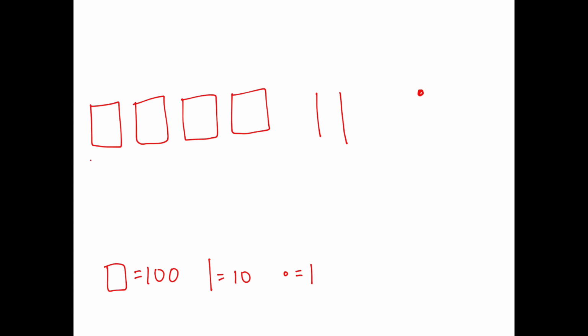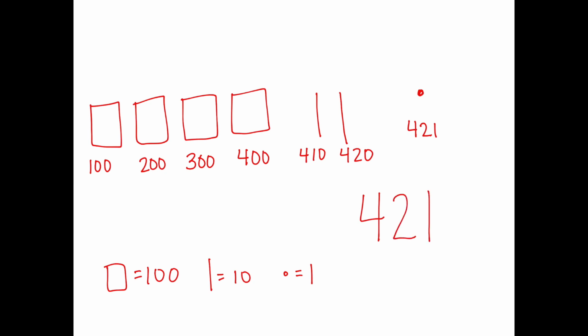So I'm going to count 100, 200, 300, 400. Now I'm going to switch my brain and start counting by tens. 410, 420, and finally I just have to add one more. So I have 421. So the value of my picture is 421.